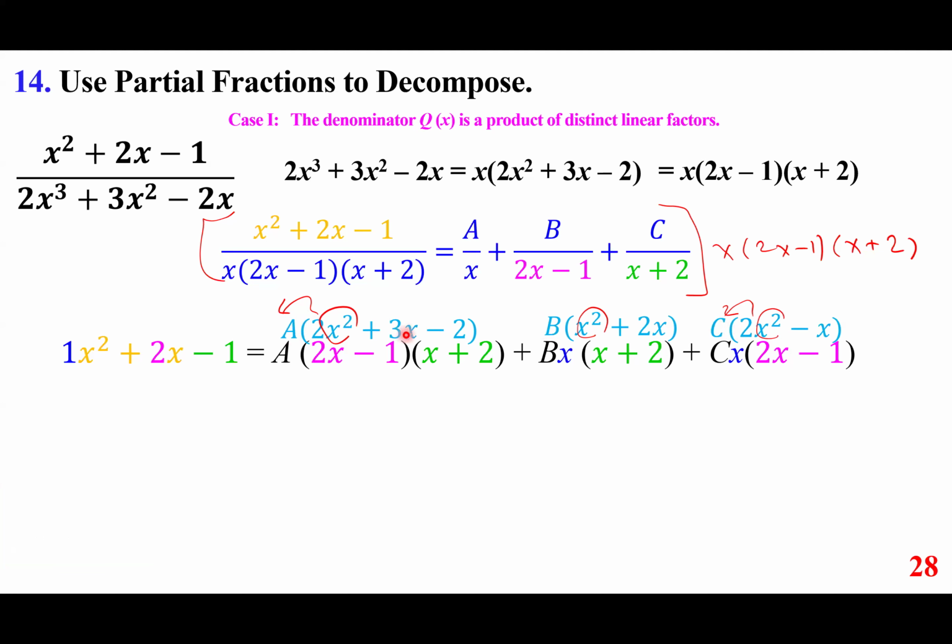If you concentrate on x, you get 3a plus 2b minus c. And then the constant is minus 2a. These two don't have it. So I hope you can see what we've done here.